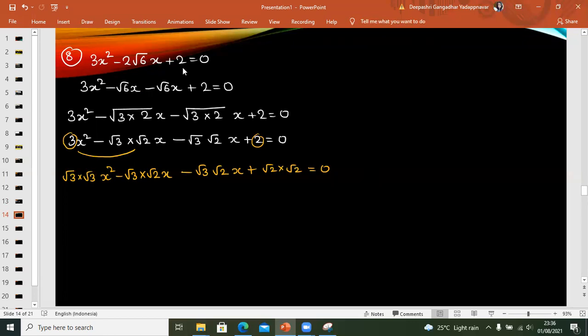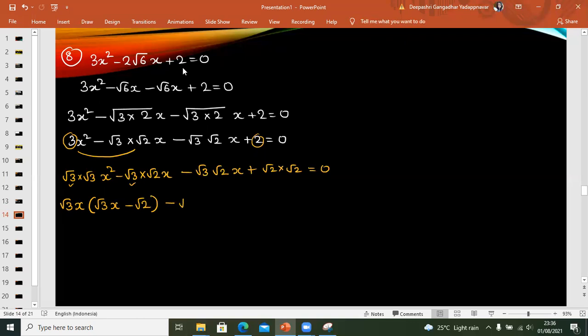Okay, why have we done this? So that we can remove the number common out. Now we can remove this root 3 common out. So it will be root 3, x is also common, inside the bracket root 3x minus root 2. Here also negative sign. What is common here?